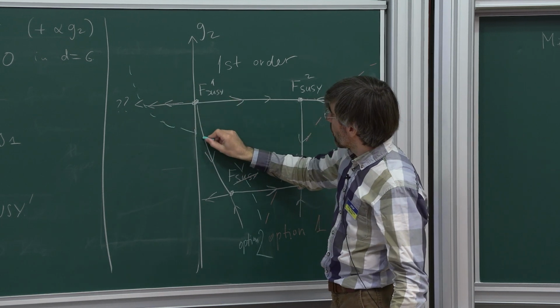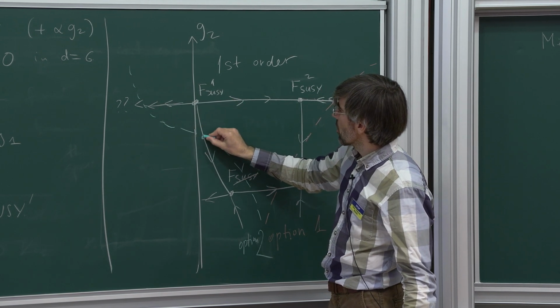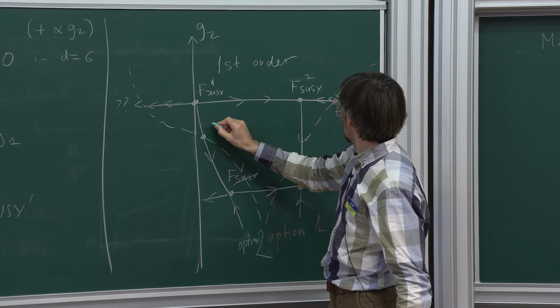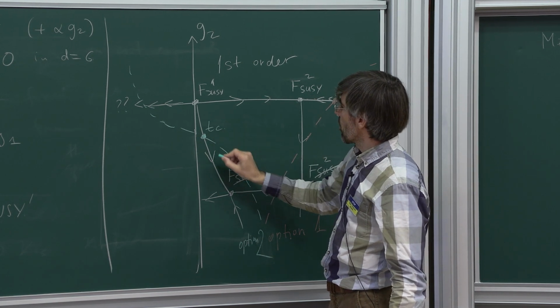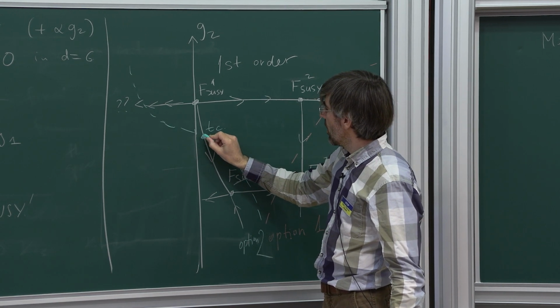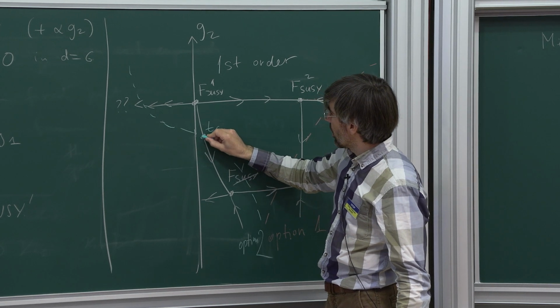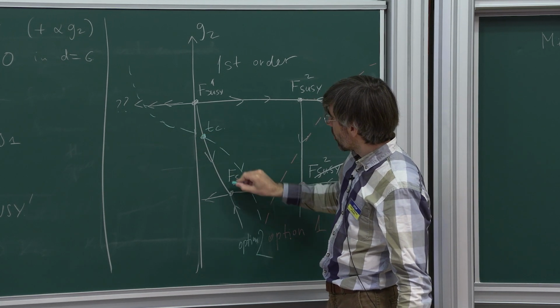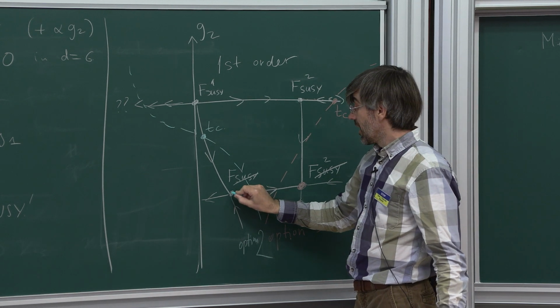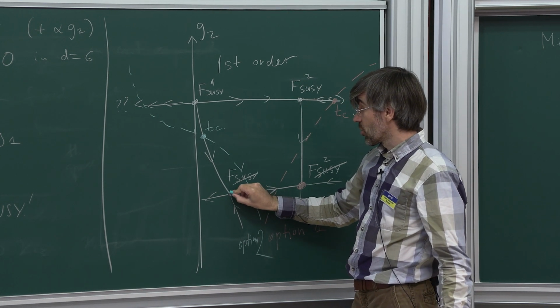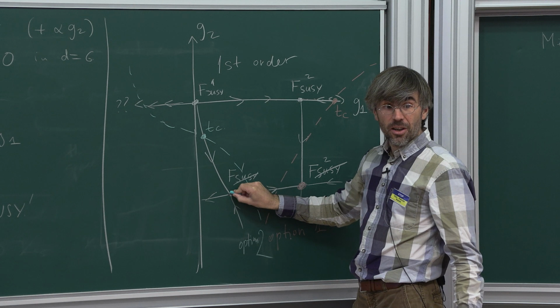Oh, no, actually, by the time you cross this line already, here is going to be the critical value, T critical. And once you cross this T critical, you are going to flow to another fixed point, this F non-SUSY 1 fixed point.